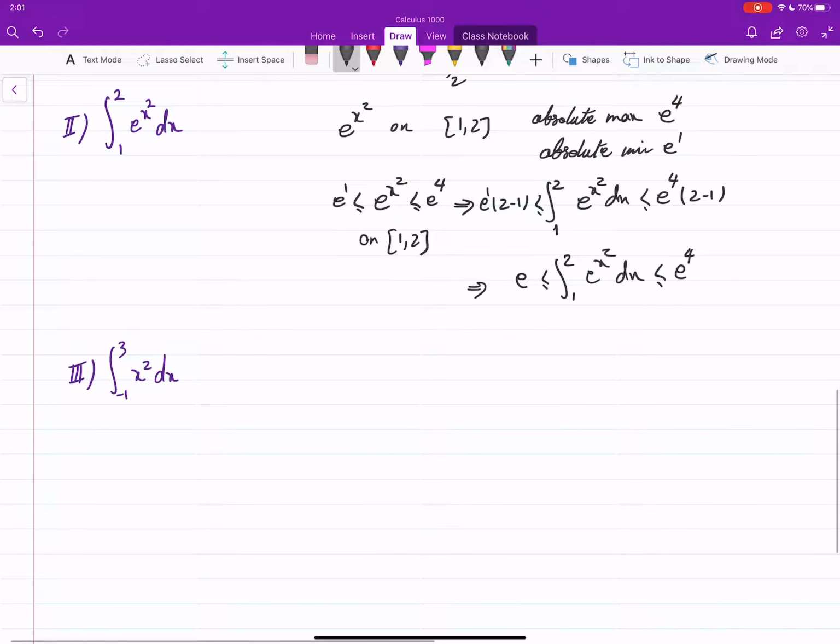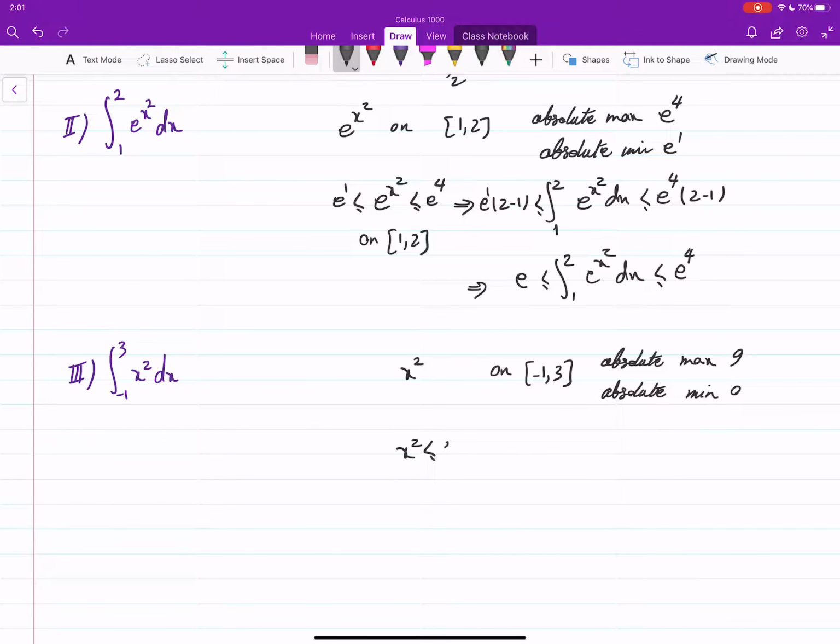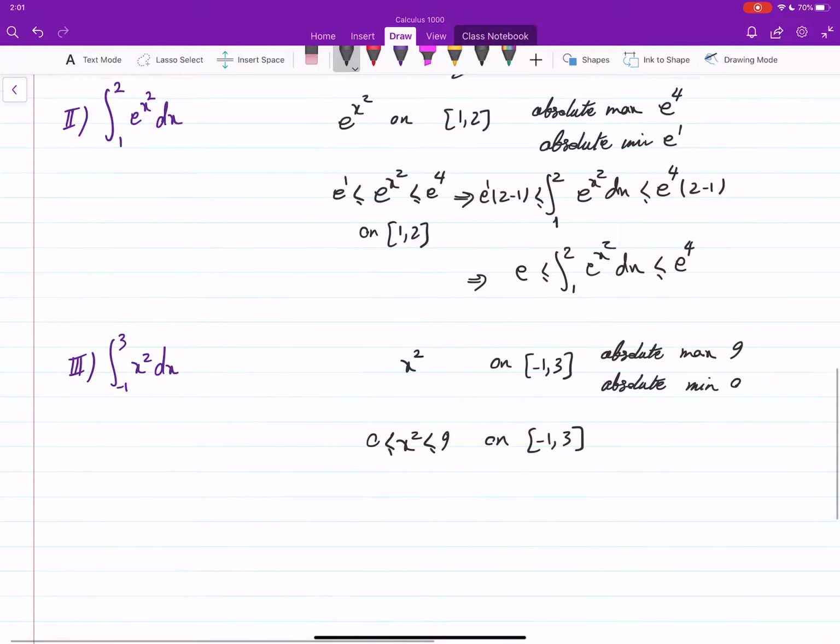This one, we can actually compute using the Riemann sum, but again, I can see that x squared on the interval -1, 3 has absolute max equal to 9, and absolute min, you know how to find this, absolute min 0. So x squared is between 9 and 0 on the interval -1, 3.